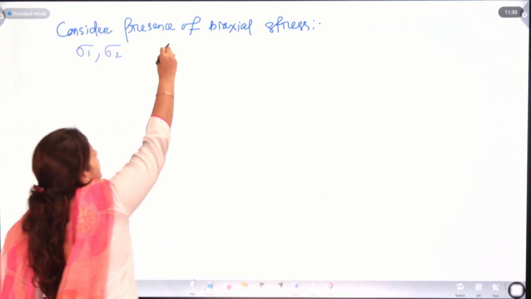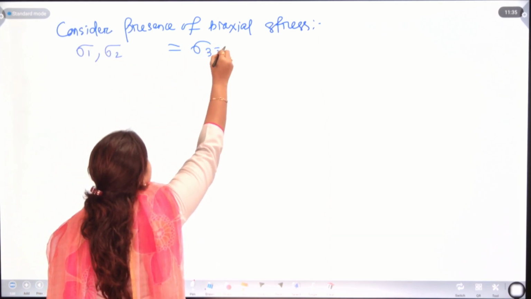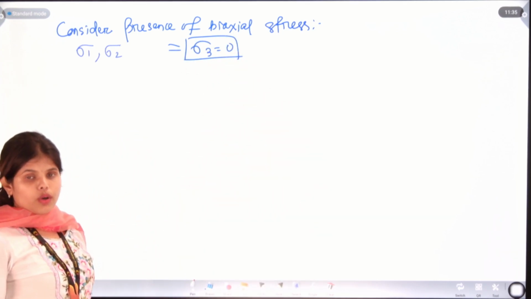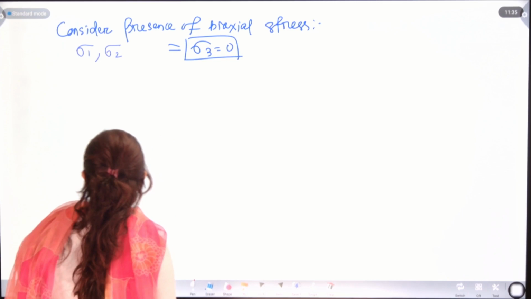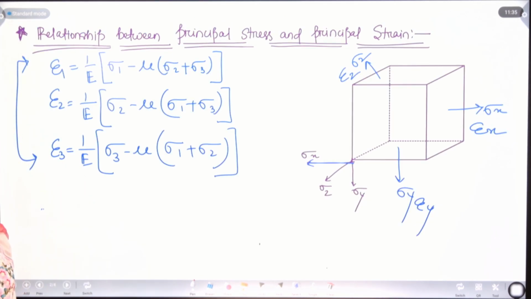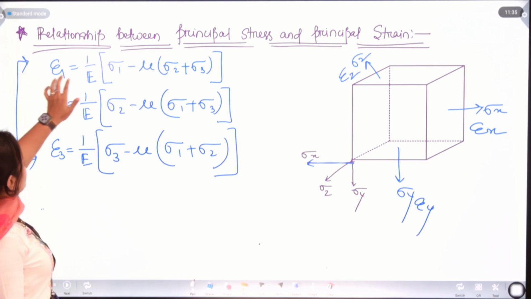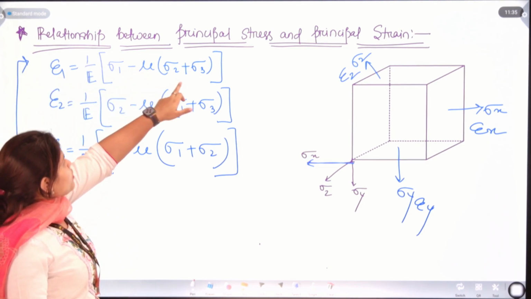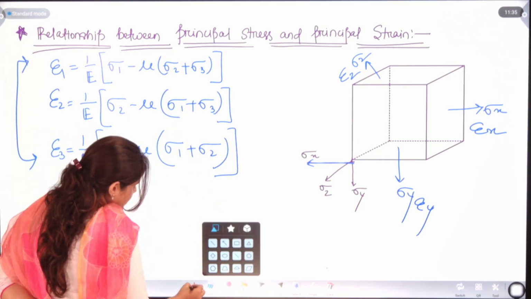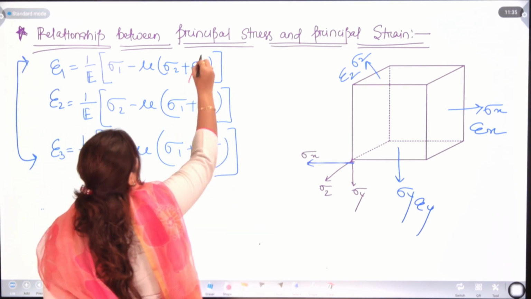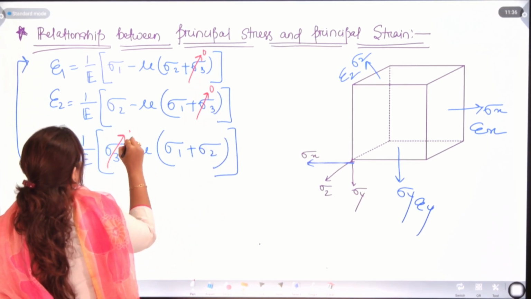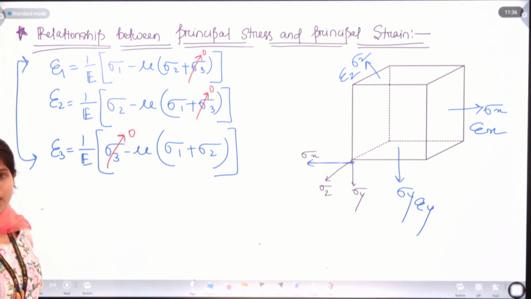Let's take sigma 3 is equal to 0. Like in our previous equations, epsilon 1 is equal to 1 by E sigma 1 minus mu into sigma 2 plus sigma 3. So, let's take all the sigma 3 as 0. Now, what will we have?